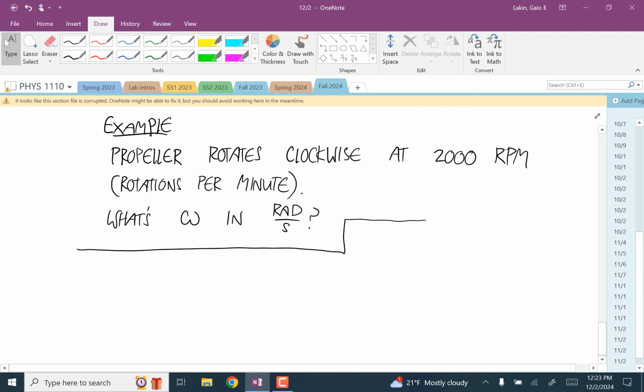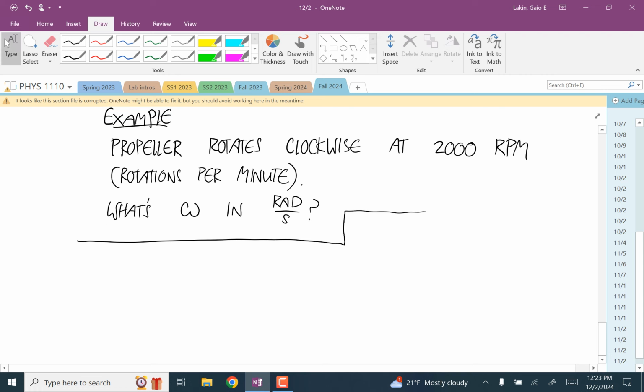Okay, well, to figure out the magnitude of the angular velocity, it's just going to be a unit conversion problem. What we know is that one rotation, that's one full time around. How many radians is that? How many radians in a full circle? 2 pi, yep.